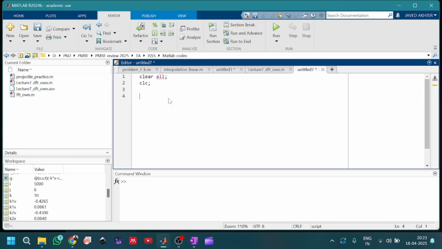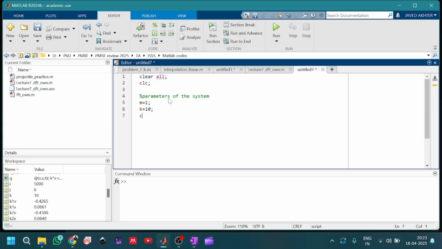Then we will define the parameters of the system. What are the parameters? Mass, let us take to be 1. Then we have the spring constant. For now, let us consider it 10.